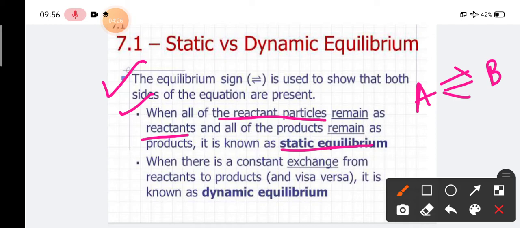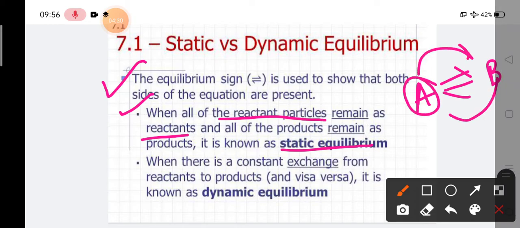So they are remaining still. A doesn't convert to B and B doesn't convert to A. In this condition, it is called static equilibrium, where A remains A and its concentration stays the same, whereas B remains B.